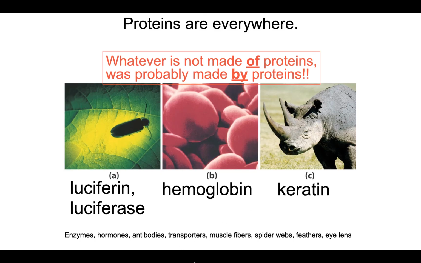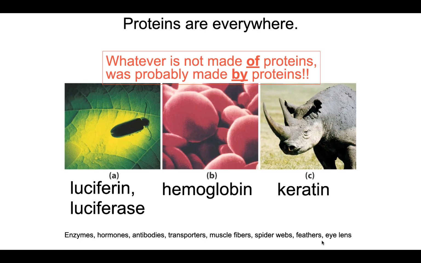Okay, so if we take a look at luciferase of a firefly, proteins, hemoglobin within red blood cells, proteins, keratin within these horns within your hair, proteins, hormones and antibodies and transporters and muscle fibers and spider webs and feathers and the lens of your eye, proteins, proteins.